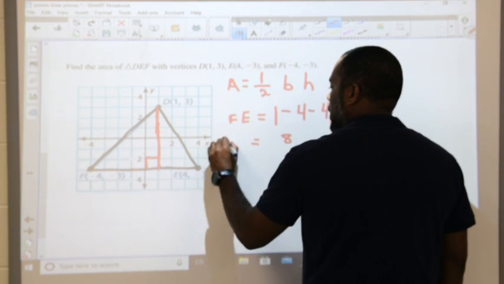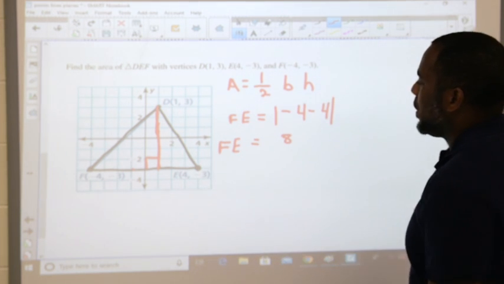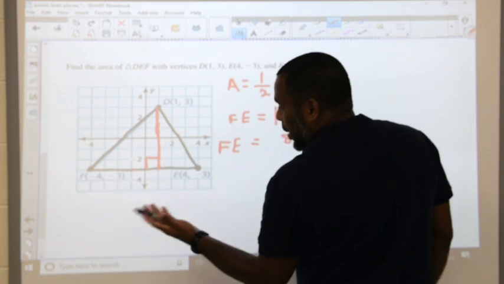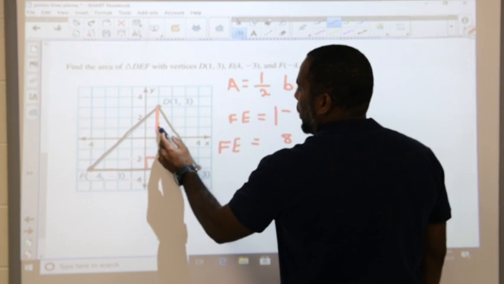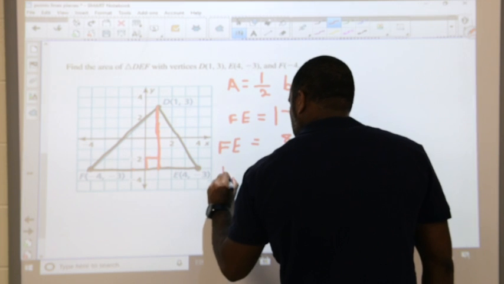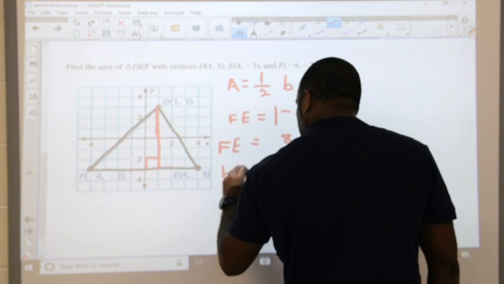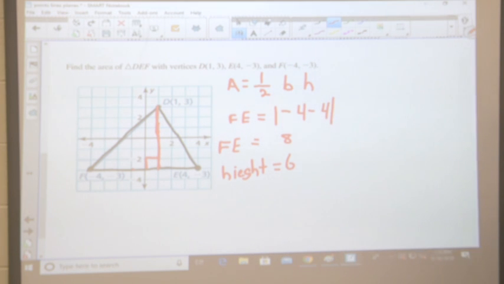So FE is 8. The height here, and we can just count, there happen to be nice enough numbers, 1, 2, 3, 4, 5, 6. The height is 6. And I'll just say the height is equal to 6 units, and we don't know what it's measured in.